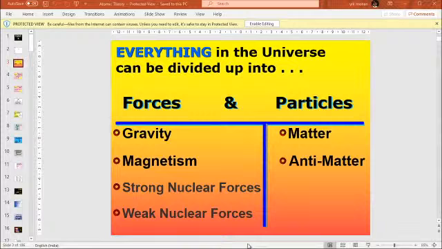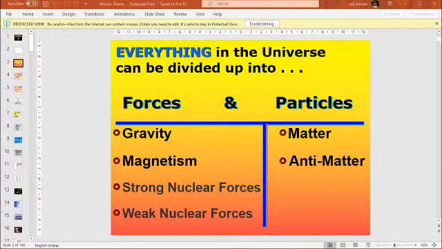So let us see. Forces and particles are separated in such a way: gravity, magnetism, strong nuclear forces, weak nuclear forces. And other particles are matter, antimatter.